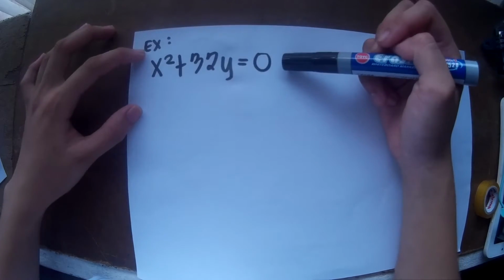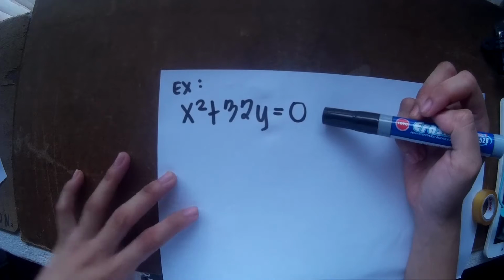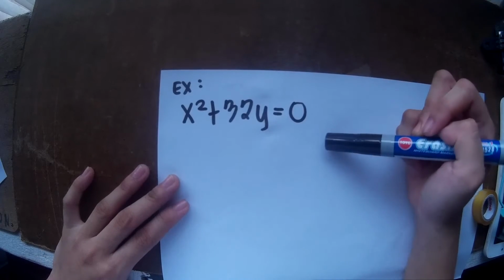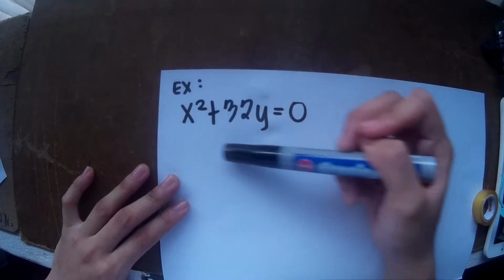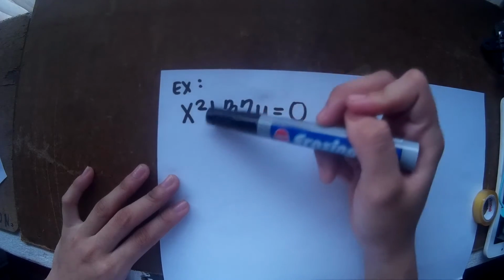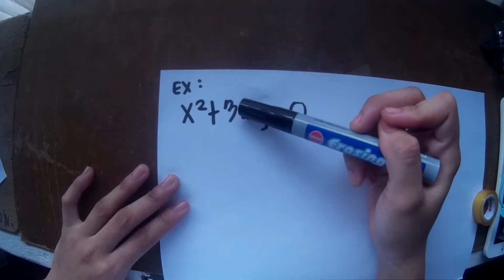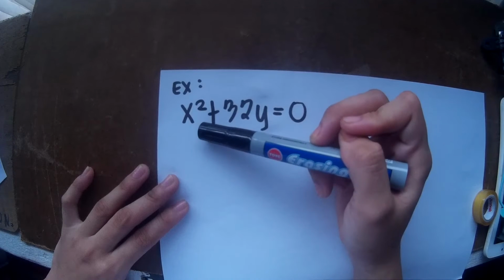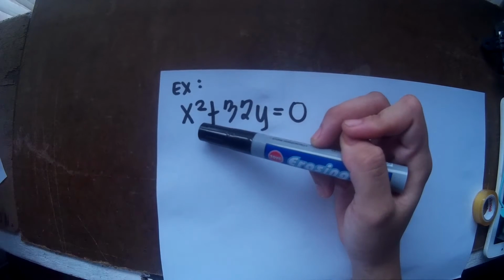So first, we need to determine whether this graph is going to be opening left or right or up or down. Well, we notice that this equation has x squared. y squared is the one that opens right or left. And now we have x squared, so our parabola will open upward or downward.